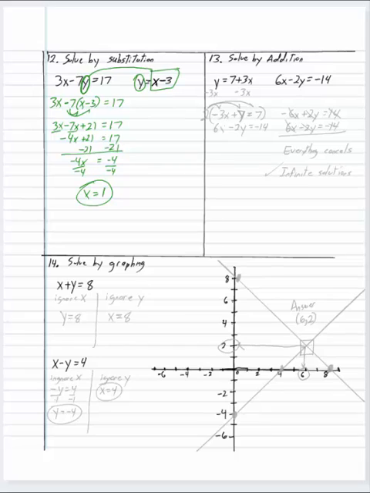For number 13, we would like to solve by addition. But before we can use the addition method, x and y have to be on the same side. So for the first equation, let me subtract 3x. This gives us negative 3x plus y equals 7. What I'll do next is I'll put the second equation right underneath.